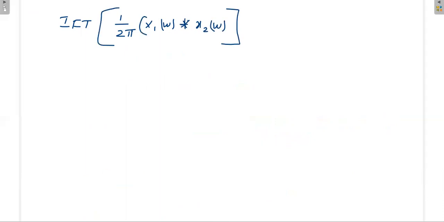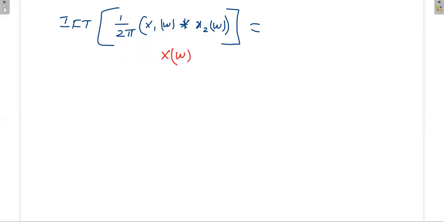So the inverse Fourier transform of 1 by 2 pi X1 of omega convolution with X2 of omega. Okay, so now what is the inverse Fourier transform of this one? This entire thing we will assume as a single representation, X of omega.